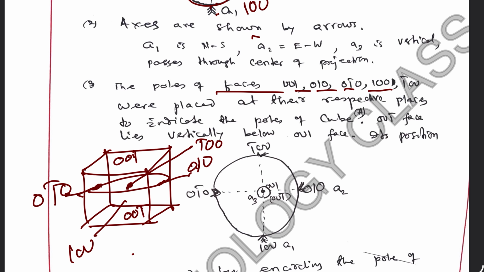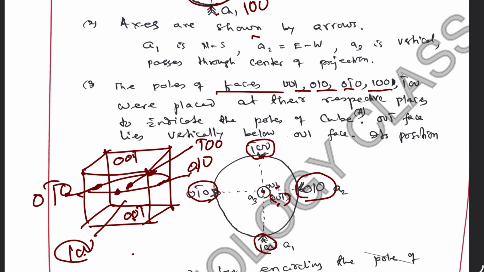The front face, the 1 0 0 face, will be coming over here, and the 0 1 bar 0 face will be coming over here. So this is 1 bar 0 0, 0 1 0, 0 1 bar 0. This is 0 0 1. So all the 5 faces of the cube have been shown, and the bottom face is shown in a bracket, which is superimposed.